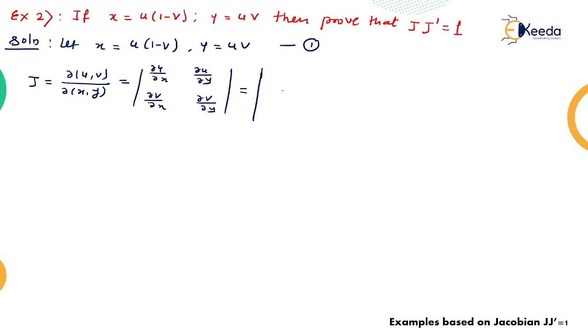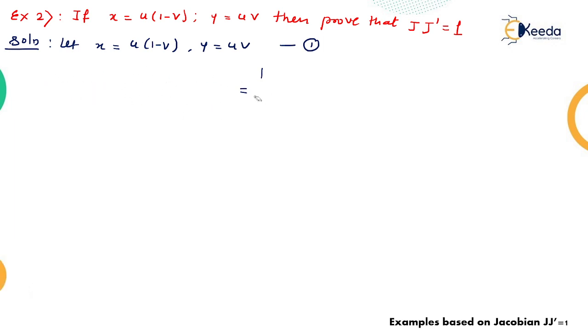Differentiation of u with respect to x, but instead of that you have to just learn what functions are given to you. Here x and y are the functions of u and v. So for that, let me first write that x, y are the functions of u, v.